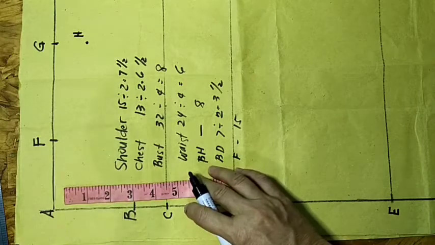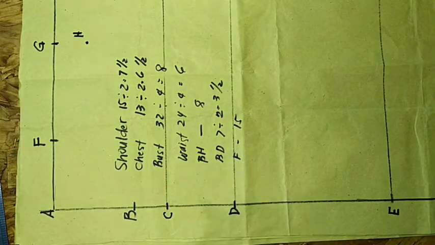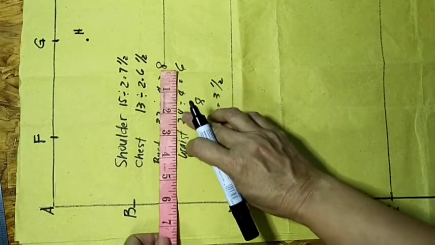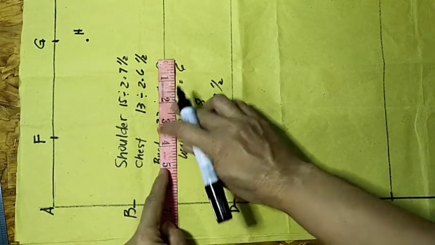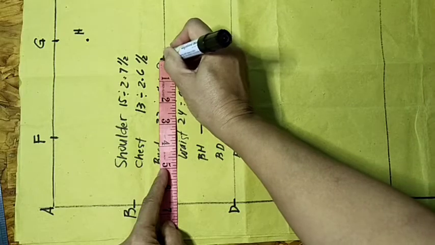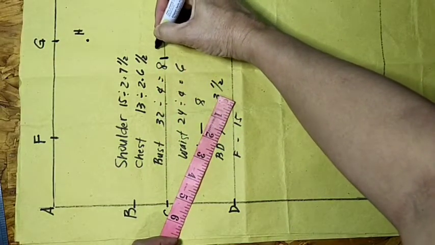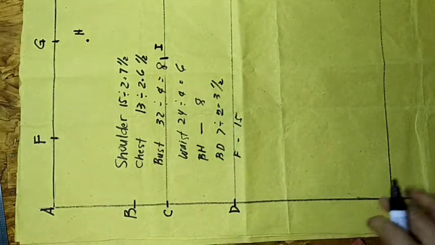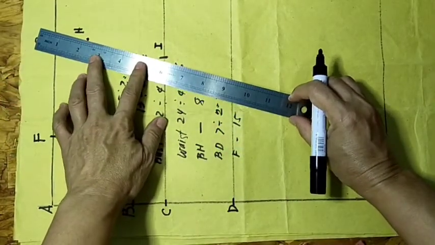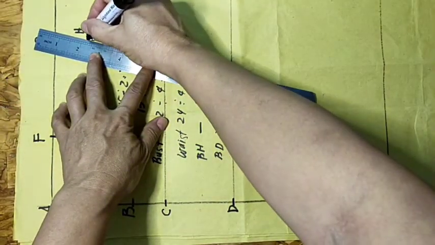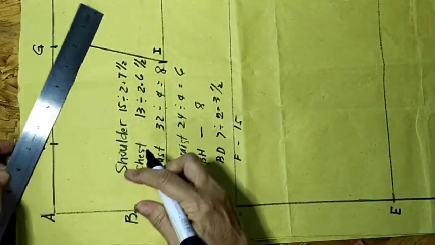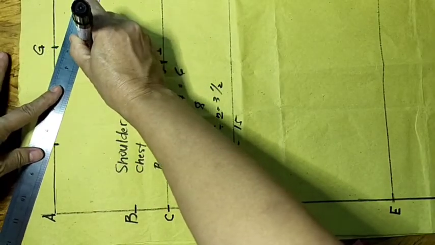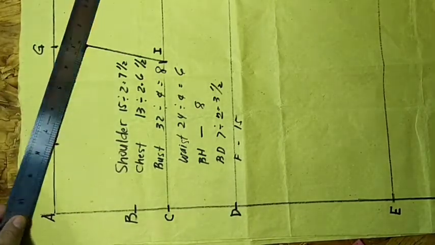Next procedure, from C going to I, measure 1/2 of your chest measurement here, and this is point I. Okay, connect now point I and point H. Connect point H and point F with the use of your ruler.